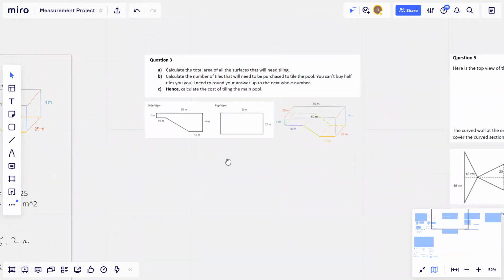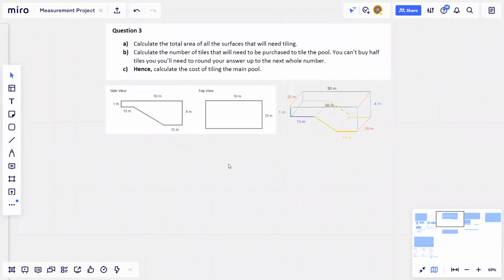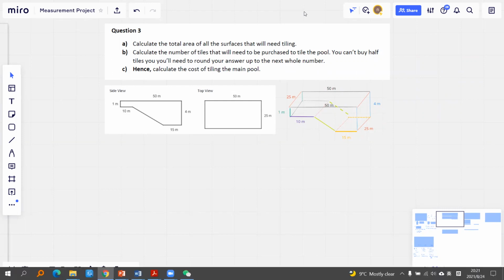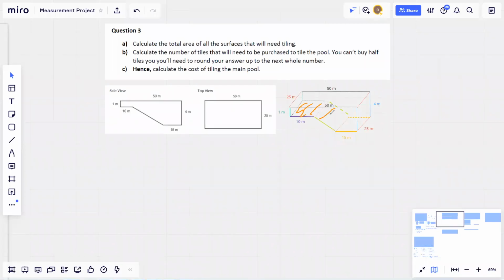For question 3, it asks us what is the total area of all the surface that will need tiling. So for all the area, that's the base first. We have done the base before, so I just show you again. So here is the base.